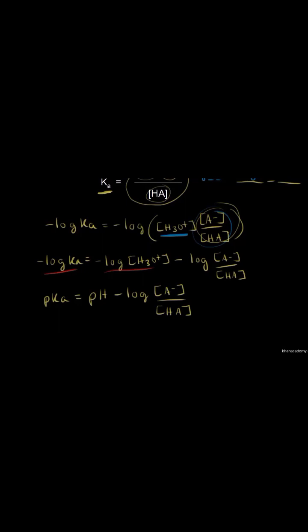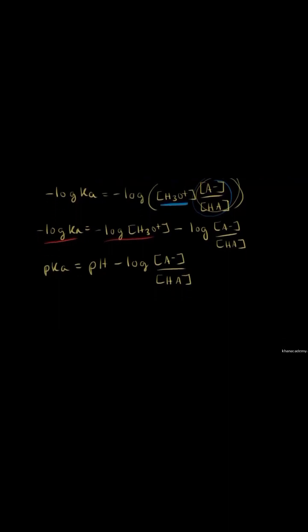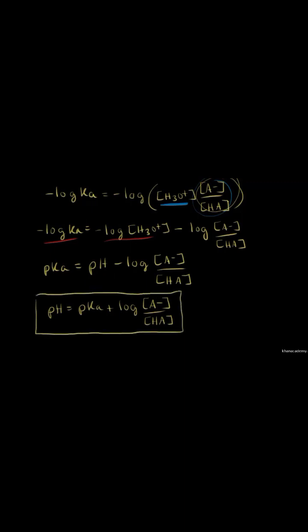We can rewrite this as our final equation, solving for pH: pH is equal to pKa plus the log of the concentration of A minus over the concentration of HA. This is called the Henderson-Hasselbalch equation. It's very useful when you're doing buffer calculations. We'll look at examples of this in the next video.